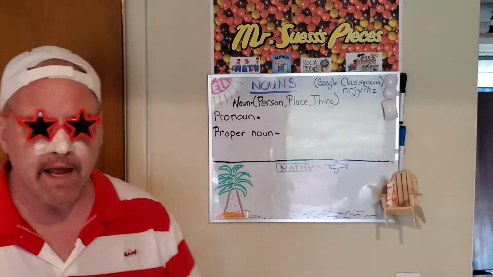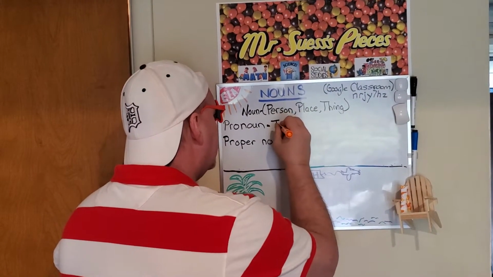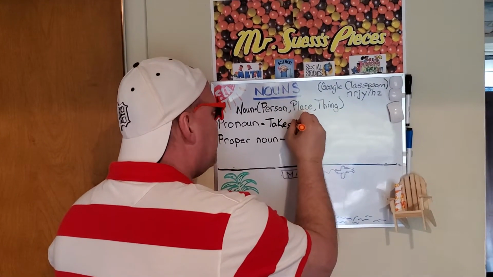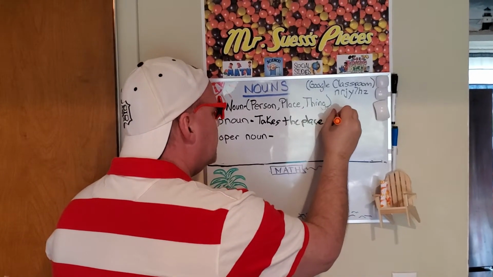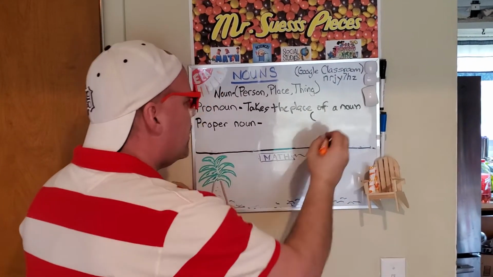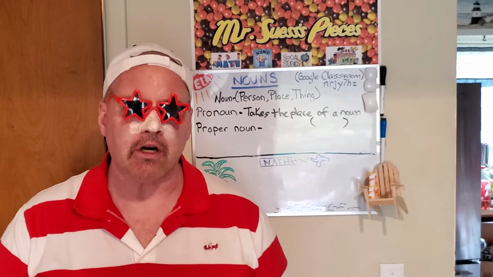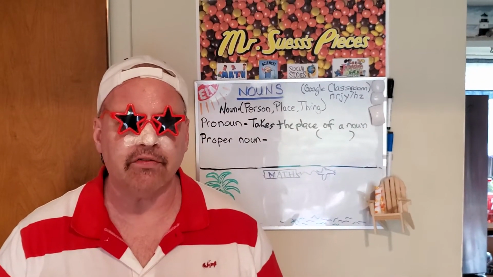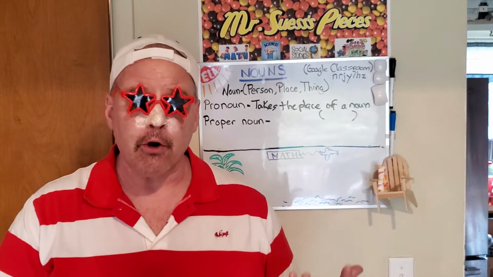First one being the pronoun. A pronoun takes the place of a noun. And I'll give you an example in a second. But it's kind of like having a substitute teacher. Does the exact same thing a teacher does, just isn't the real thing, just takes the place of. So a pronoun does that.